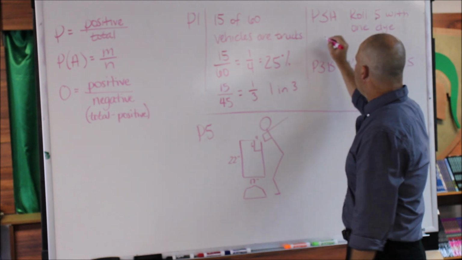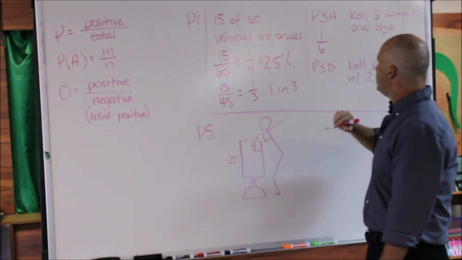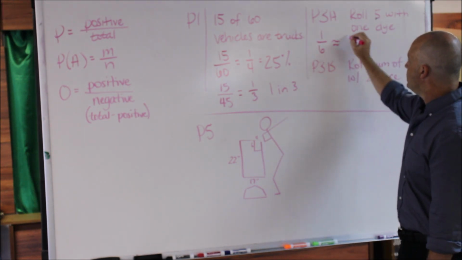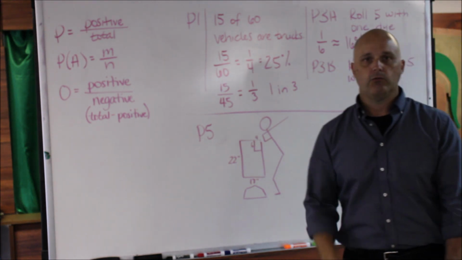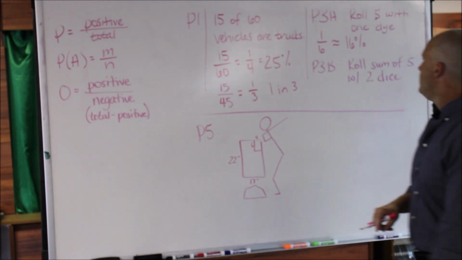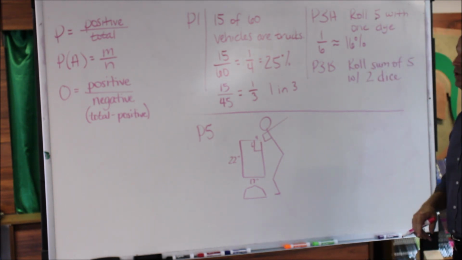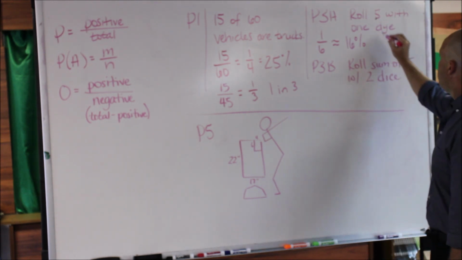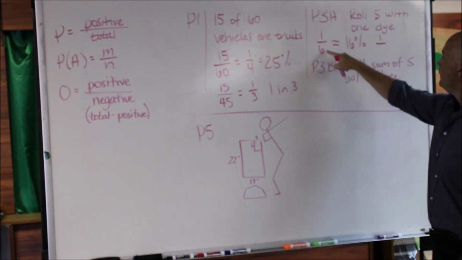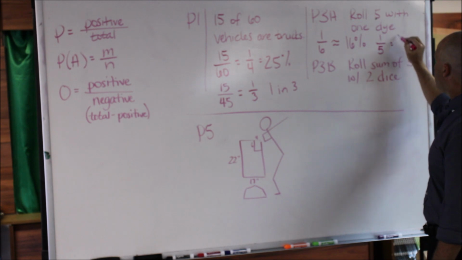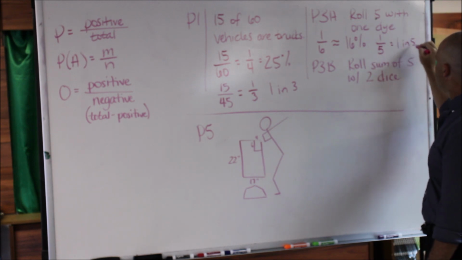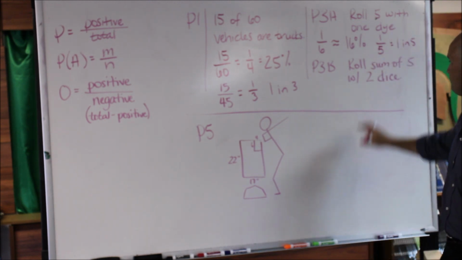So that means you've got 1 in 6, which is approximately a 16% chance of rolling a 5 with one roll. If we were to look at this in terms of odds, then it would be 6 minus 1, which gives you 5, so it would be 1 to 5.